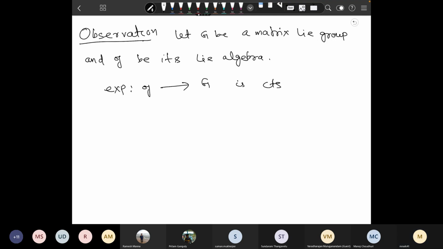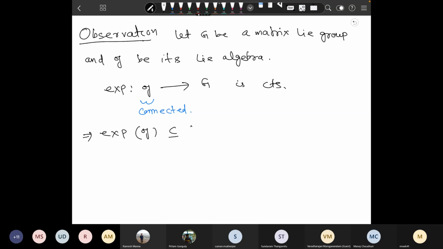This set is connected because the exponential map is continuous. Therefore it will lie inside a connected component of G.